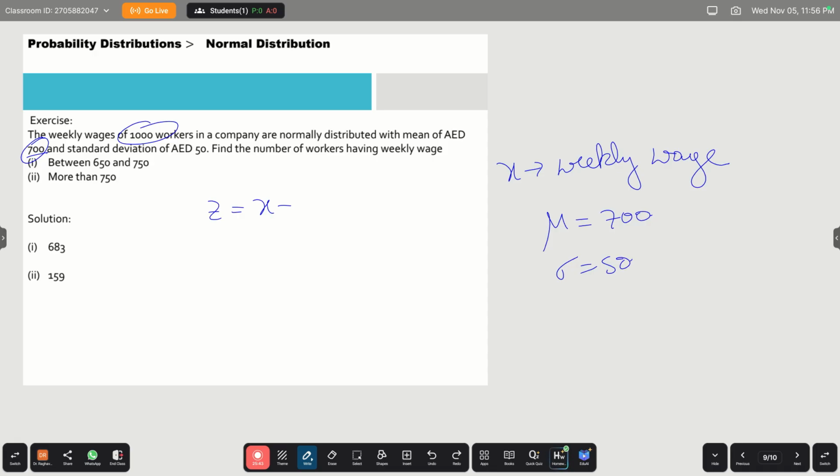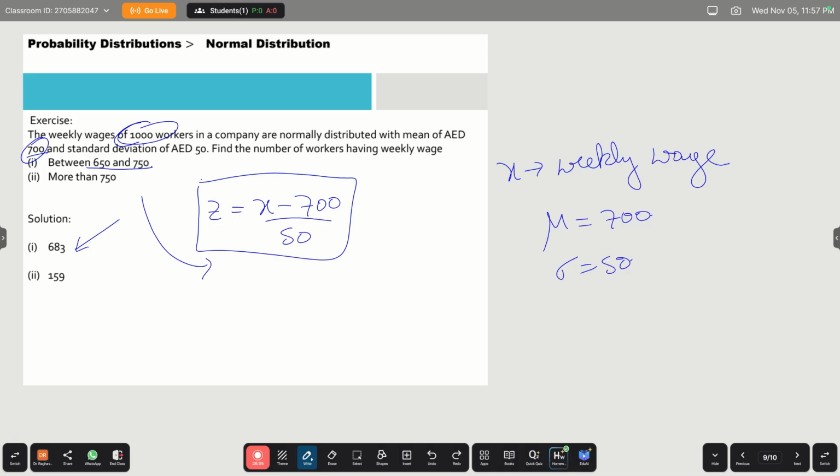So our Z is going to be X minus mu divided by sigma. For the remaining parts, between 650 and 750, you put 650 and calculate Z1, put 750 and calculate Z2, and calculate the area in between and multiply it by 1000 workers, which will give you 683.